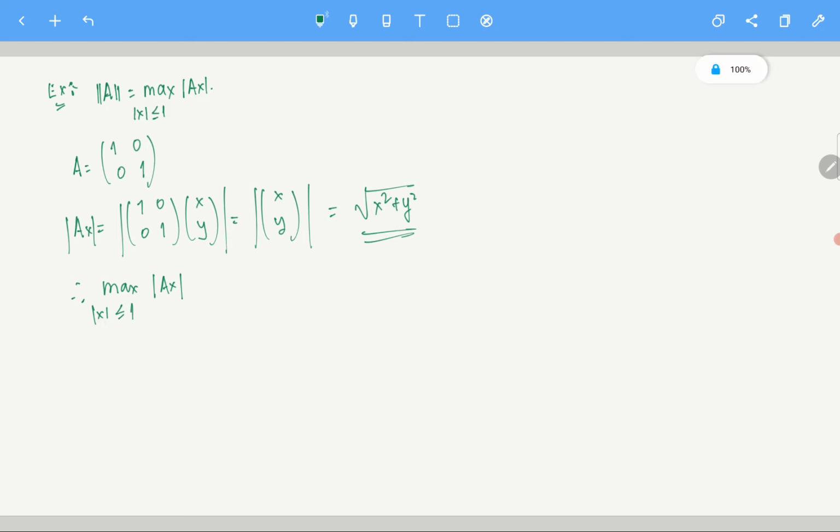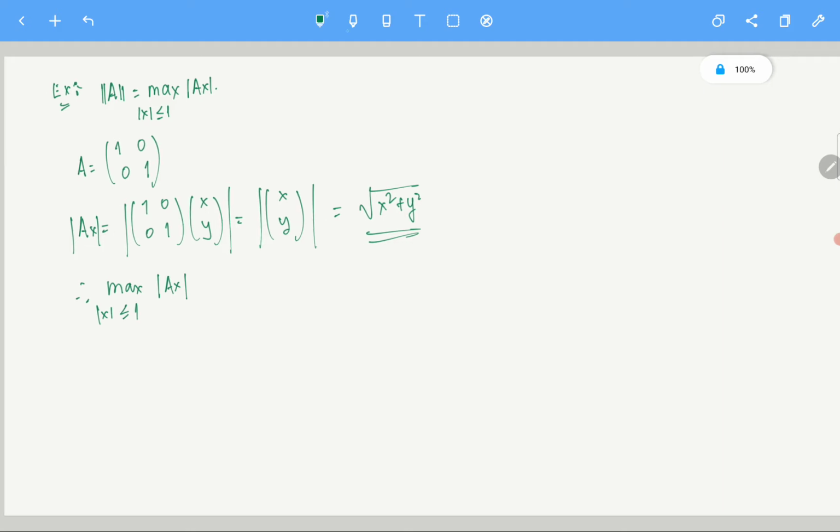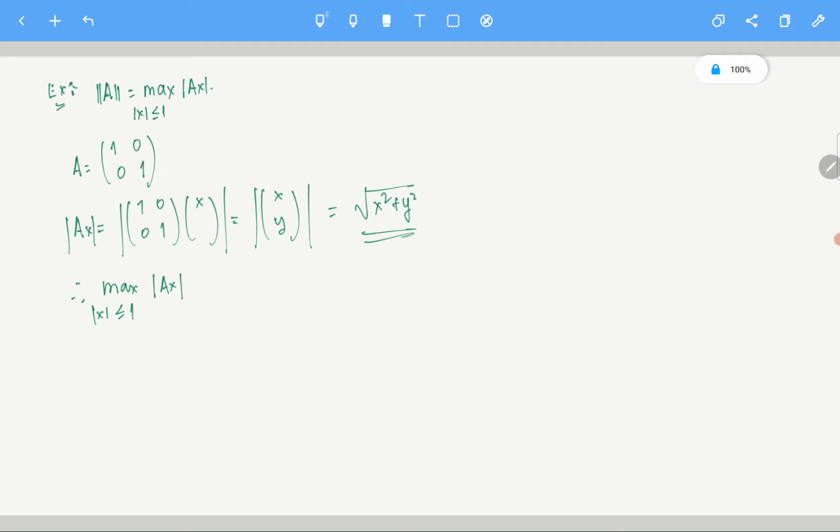Let me write it as x1, x2, so the norm is root of x1 square plus x2 square, where x is basically (x1, x2). Clear? So this is essentially 1, and the maximum of this thing is 1. So if you have an identity matrix, then the maximum is going to be 1.